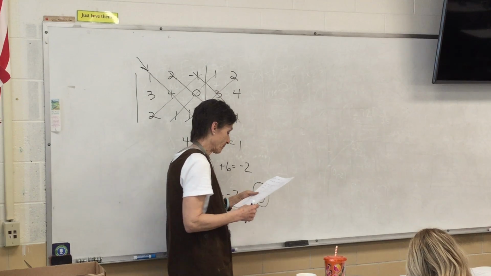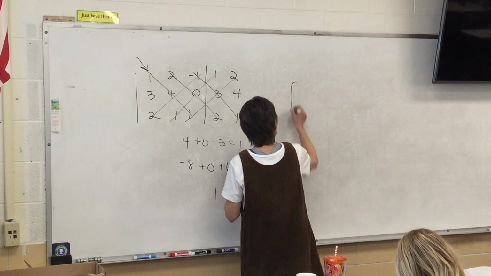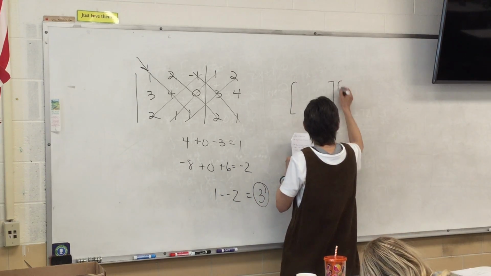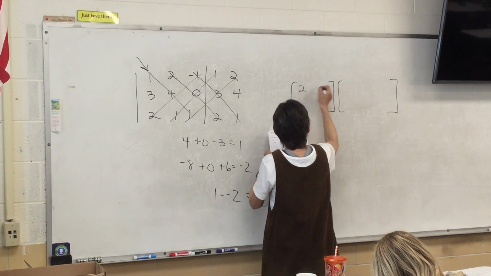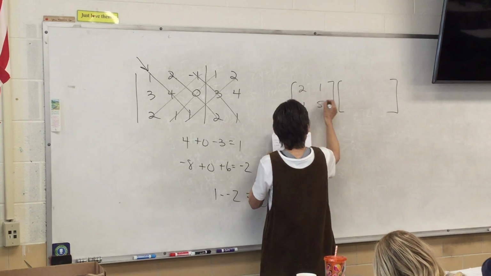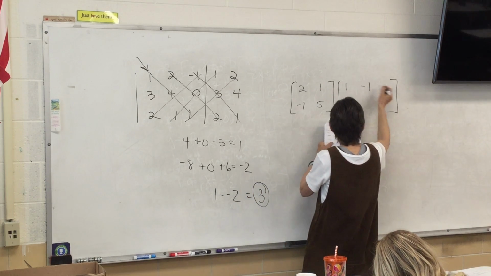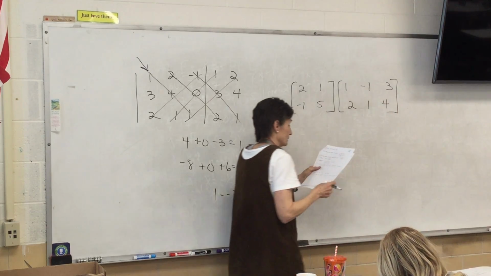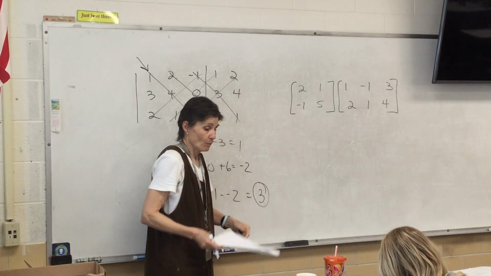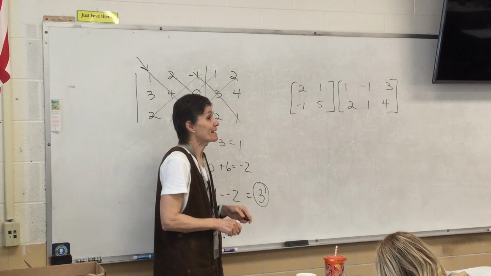All right. Number 5. I really want you to practice this one on your own for a minute. Maybe lean over and help your partner. But we are multiplying matrix B times matrix A. Remember, sometimes you can't do this.